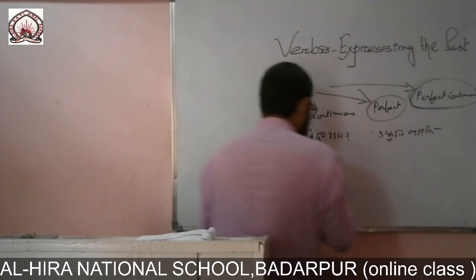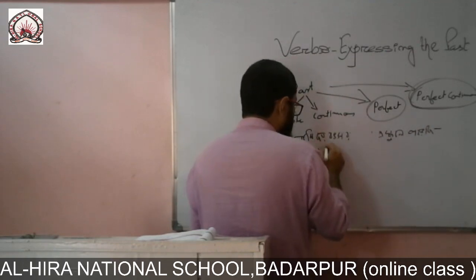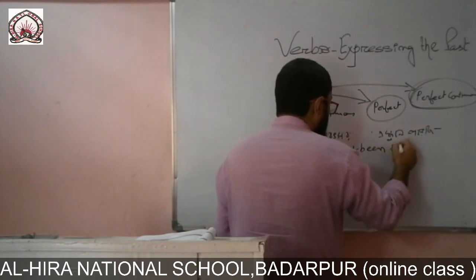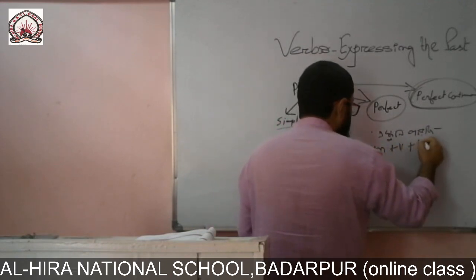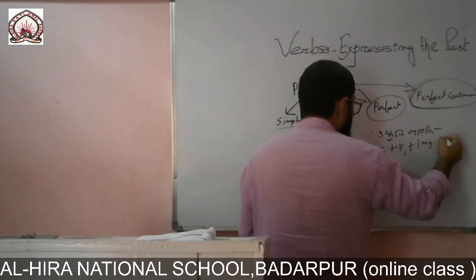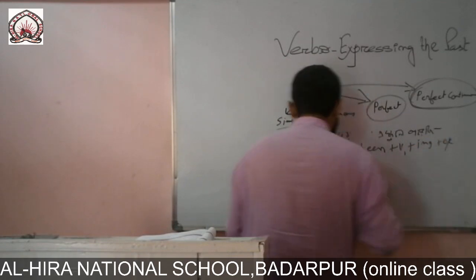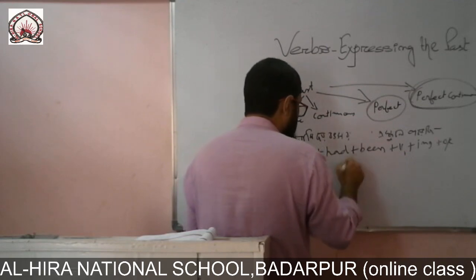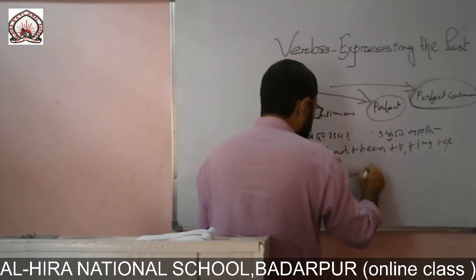So what is the formation of past perfect continuous tense? Subject plus had plus been plus verb 1 plus ing, then object or complement. Now, I, then we have to put had, then been, then verb 1.